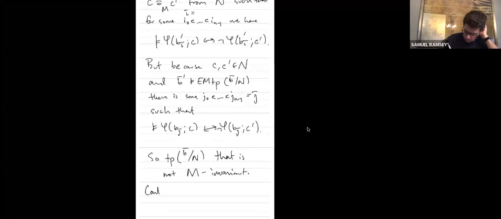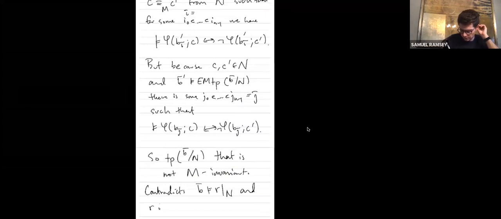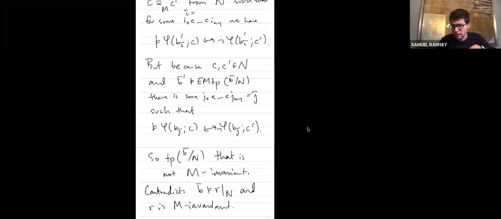That contradicts the fact that B realizes R over N and R is M invariant. So this is really just a fact about what the EM type can tell you, right? If you take an indiscernible sequence and you look at a model and you extract an indiscernible sequence from it, because the original sequence realized an invariant type, the indiscernible sequence you extract will also realize an invariant type.